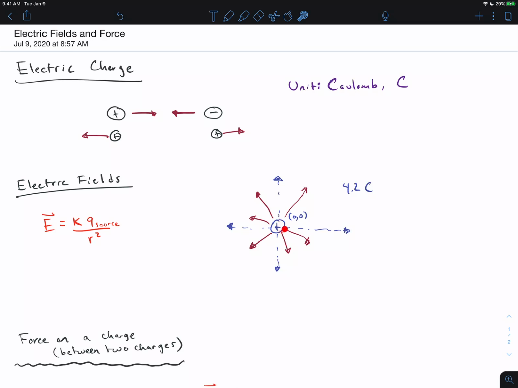A light bulb will do the same thing. It'll shine all around it. As it gets further and further away, the intensity of that light is decreasing. This is a similar idea, where the intensity of my field is decreasing the further away I get from my charge. That's why we need this R squared.